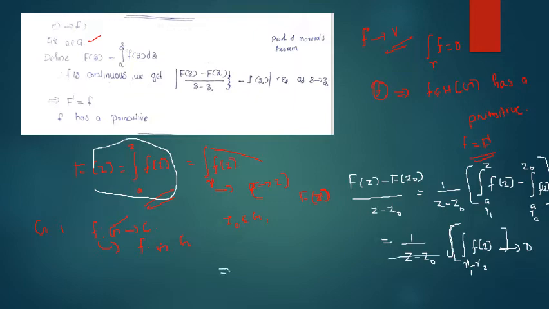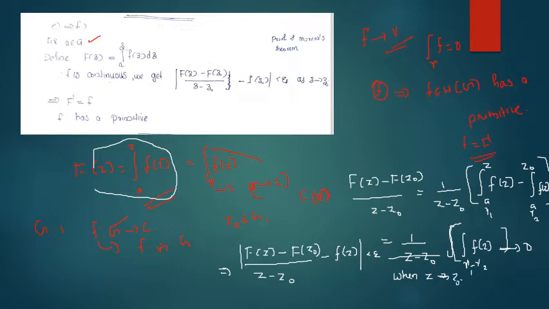That implies the modulus of (F(z) minus F(z0)) divided by (z minus z0) minus f(z0) is less than epsilon when z tends to z0.